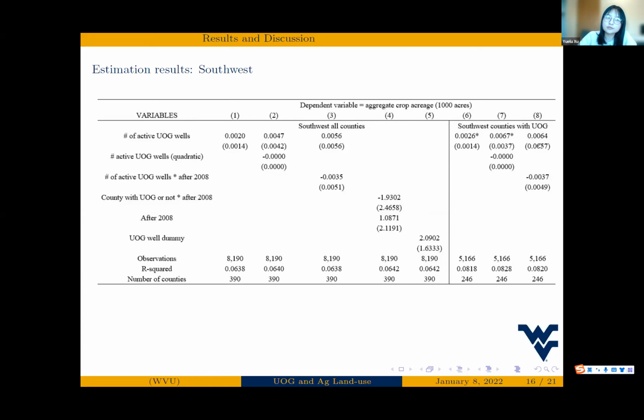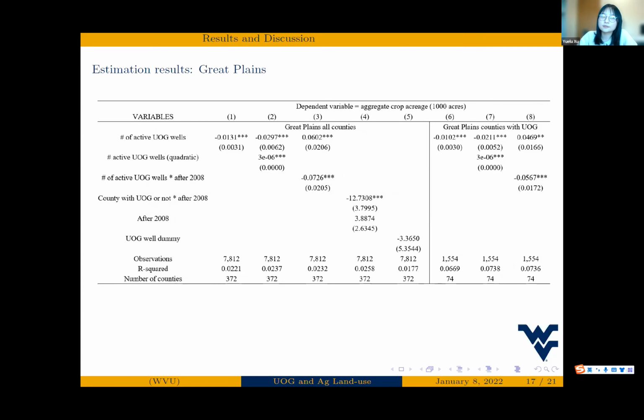The estimation results using the subsample here show that the number of active UOG wells positively affects the crop acreage in counties with UOG production in the southwestern region. I will discuss this positive relationship in detail later. The estimation results for Great Plains show that UOG development overall negatively affects crop acreage.